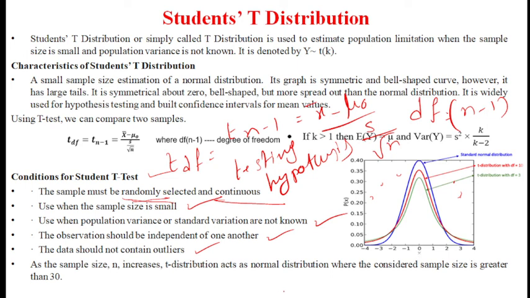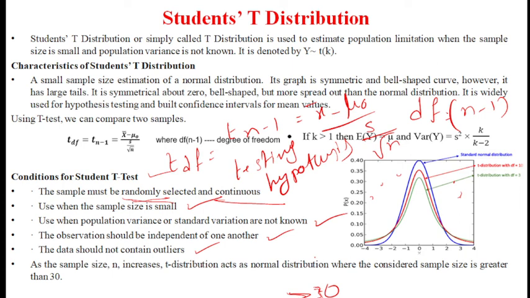Is the sample size greater than 30? If the sample size is greater than 30, then we can use the normal distribution rather than the student t-distribution. This will be helpful to measure the average test score from a small sample. These are the main characteristics of student t-distribution.